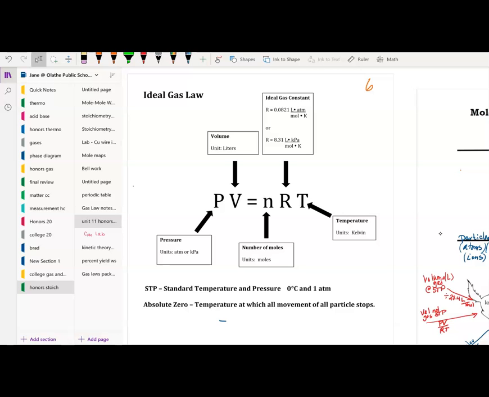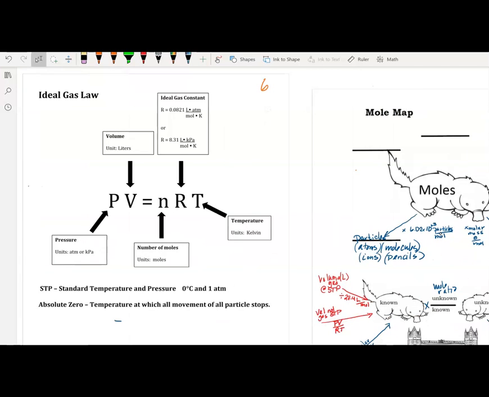So, on Tuesday, we discussed the fact that you had 4 different things that could affect gases: pressure, volume, temperature, and number of moles. Those are all variables that can affect gases.